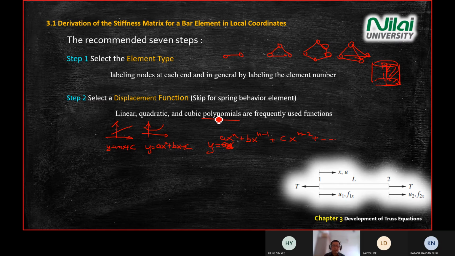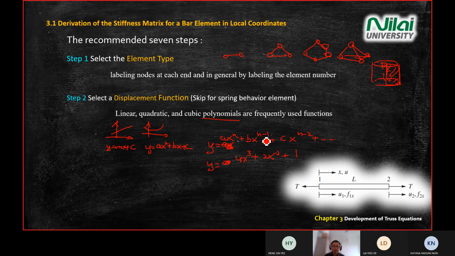If you do not know what is polynomial, go back to your calculus or advanced mathematics and find what is polynomial. An example is 4x^3 plus 2x^2 plus 1. This is polynomial because the index here is more than 2.